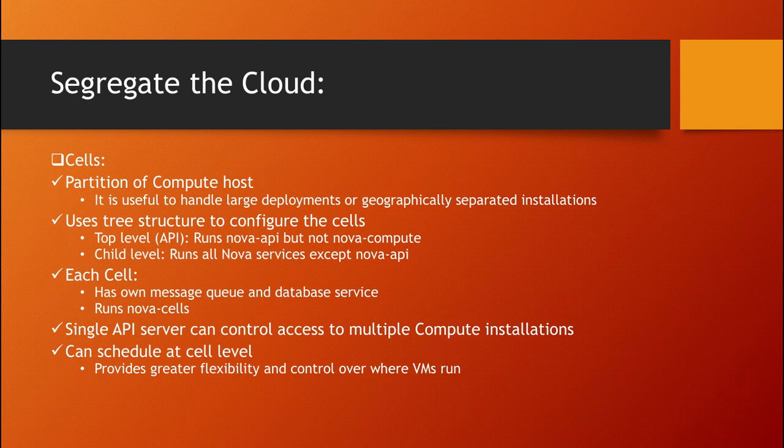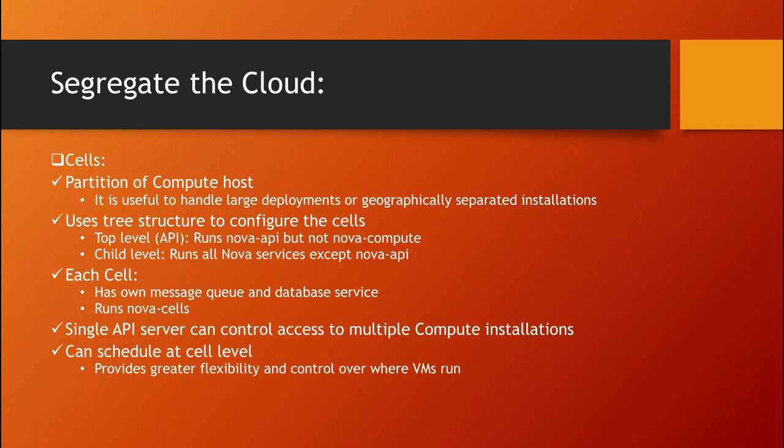Then each cell has its own message queue and database service to maintain the cell, and also, as I mentioned already, it runs the Nova cells service to run the cell. And you can have a single API server which can control access to multiple compute installations, and you can also schedule at cell level.